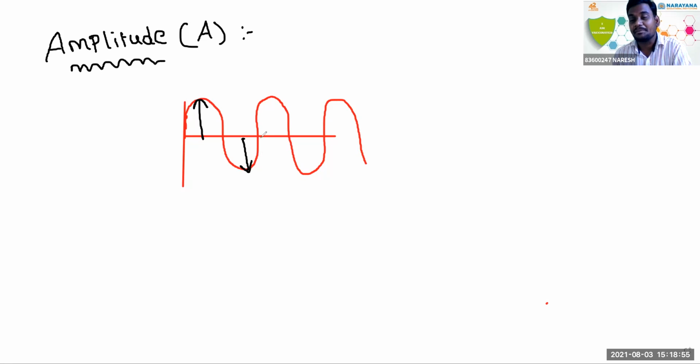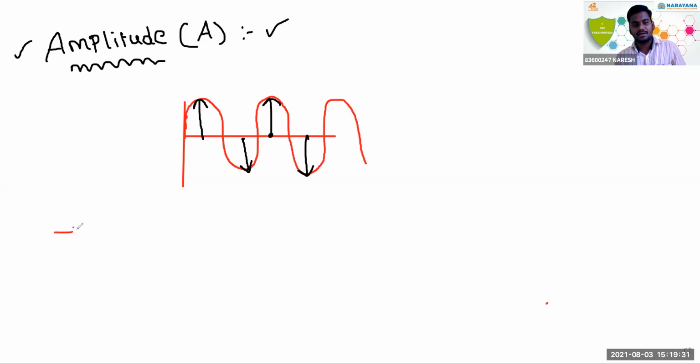So from the mean position, the height of the crest, or from the mean position, the depth of the trough, is called amplitude A. Right, all of you? Generally, amplitude determines the strength, or the intensity or brightness.